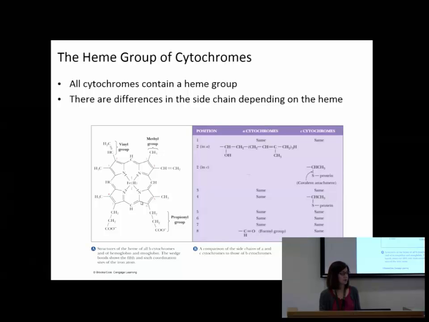So we're passing along from cytochrome C1 to cytochrome C to cytochrome A3 to A. There's a lot of passing along. They all contain this heme group. But what's different between the A cytochromes and the C cytochromes is that they have these different groups on there in these different positions. So that chemical environment is making this iron have a little different standard reduction potential.